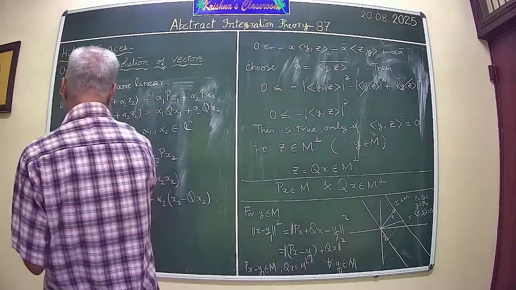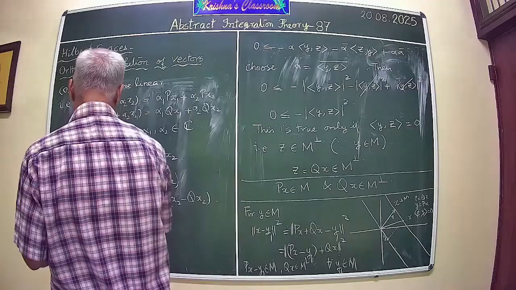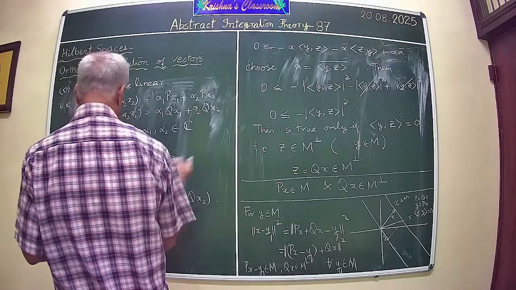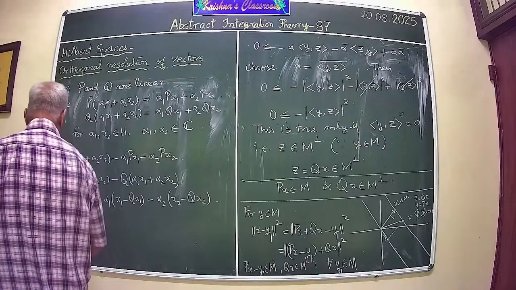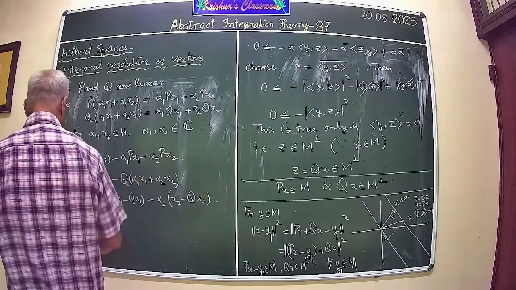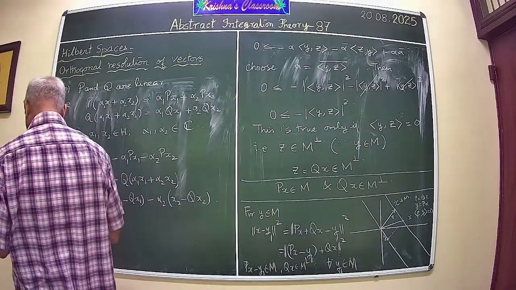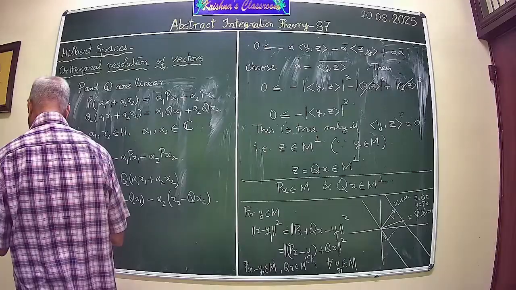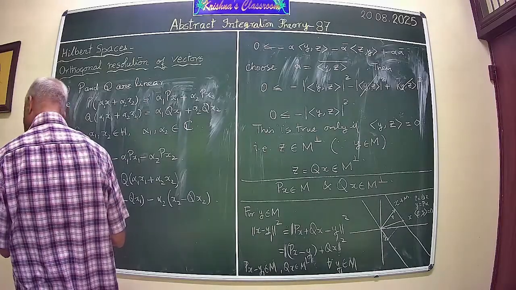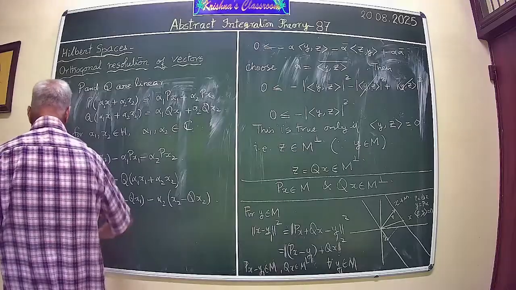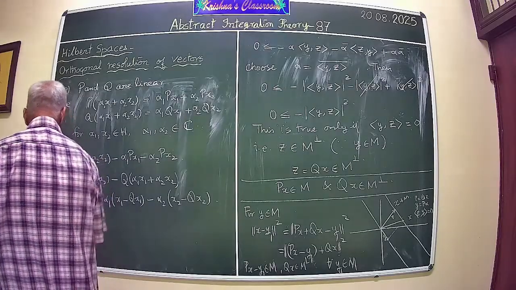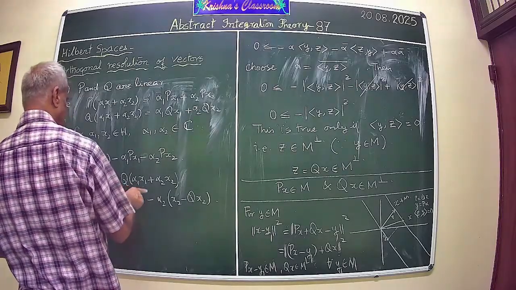So you get alpha 1 x1 and alpha 1 x1 cancels, alpha 2 x2 and alpha 2 x2 cancels. So this is what you get. This is equal to Q of, this is equal to, let us work it out.